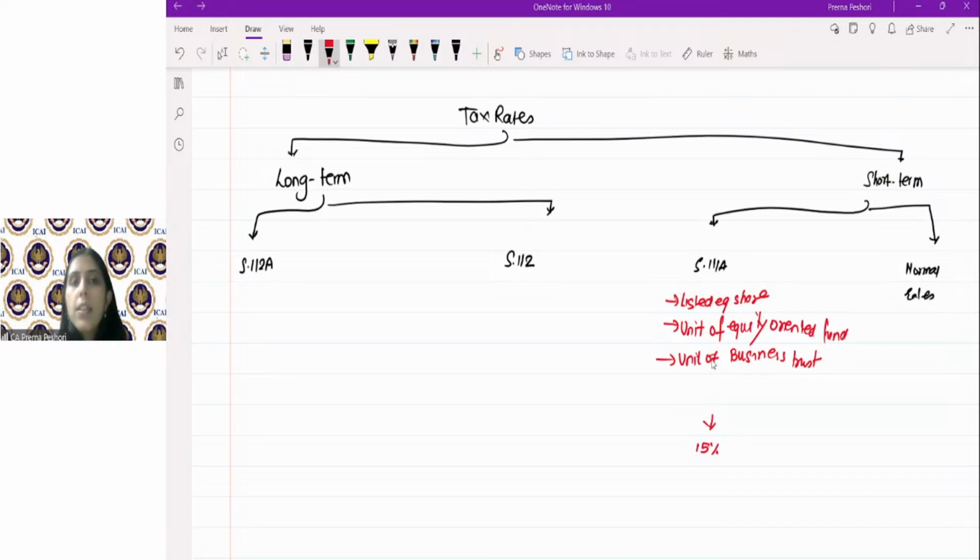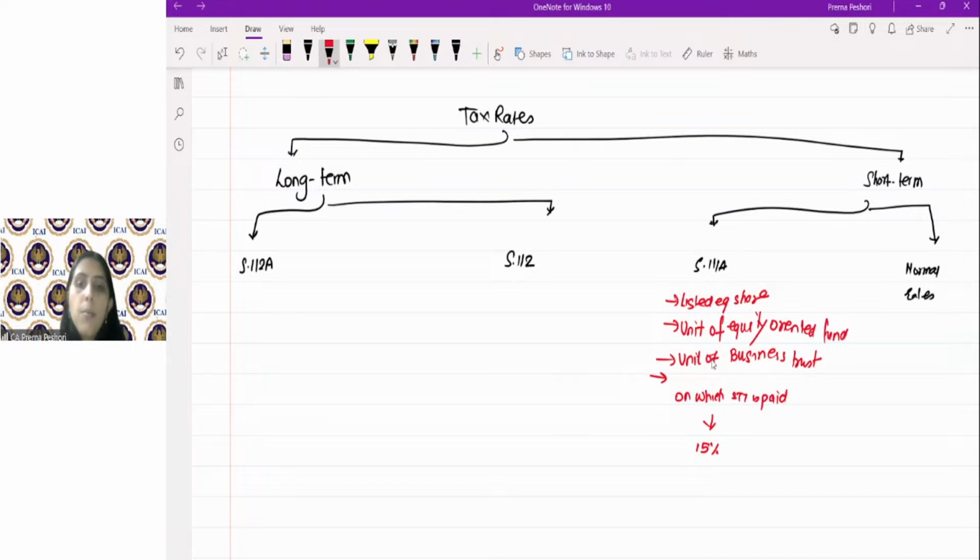So, what are the three assets over here? It is on which the STT should have been paid: equity oriented fund, units of business trust. So the STT should have been paid on all of this, right? You can write it over here, on which STT is paid.